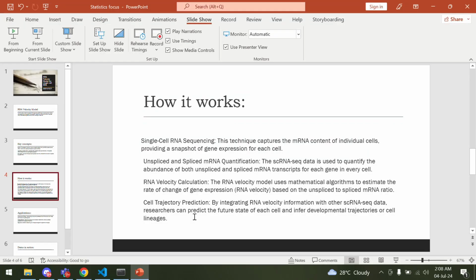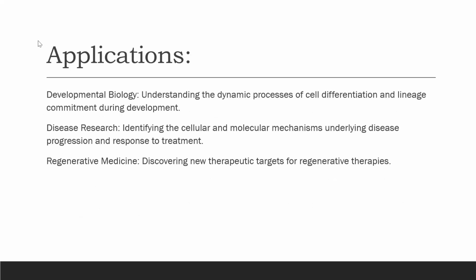So how it works, we have given the information of it, the cell trajectory. Now applications. For the applications, we have developmental biology, understanding the dynamic process of cell differentiation and lineage commitment through development. Disease research, identifying the cellular and the molecular mechanism underlying disease progression and response to treatment.